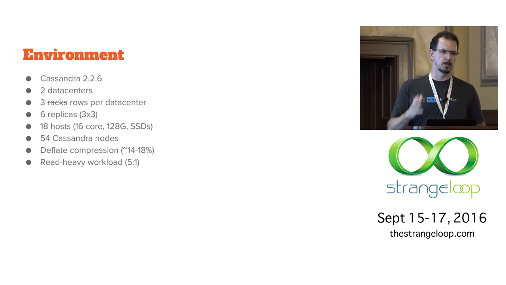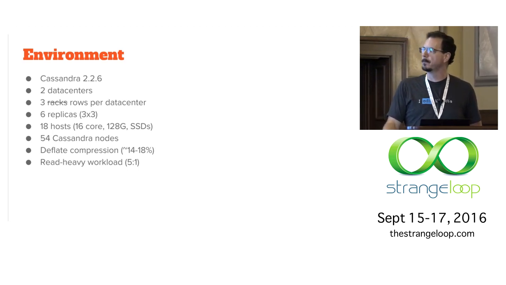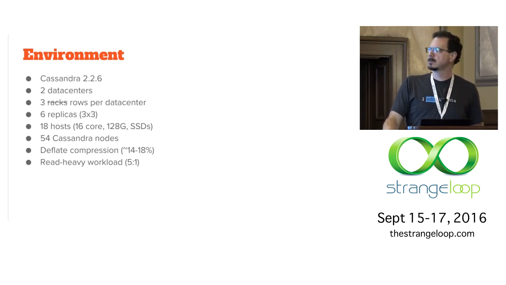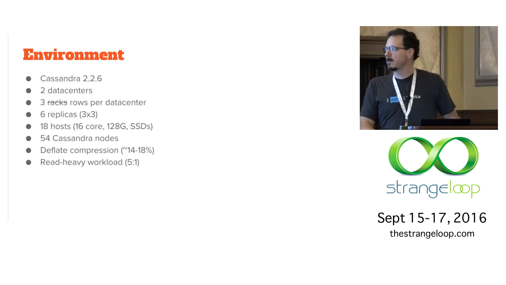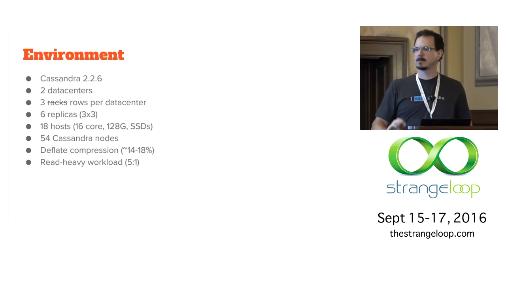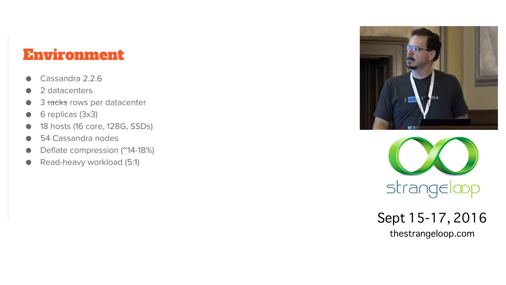That's the unit we're planning for failure: to lose at most a row. So we have the replicas distributed across those rows as well. We're using fairly beefy hosts: 16 core, 32 threads, 128 gigs of memory, SSDs. We're running a 54-node Cassandra cluster despite having 18 hosts, and I'll explain how that works a little bit later.